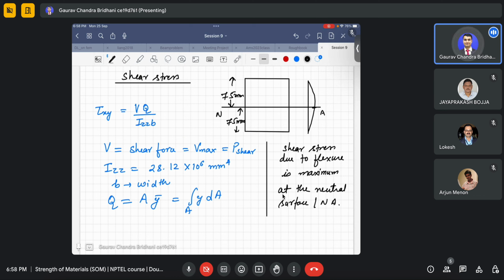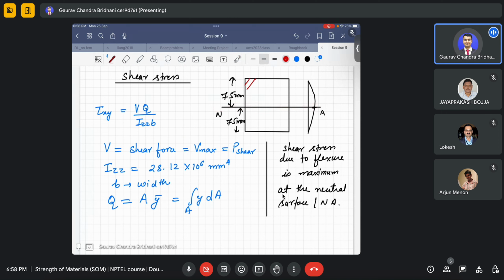That knowledge we have with us. The knowledge is required to find Q, which is A into y bar, because that's how my A will be decided, which area I am talking about. My objective is to find shear stress at this surface, because there only I will find the maximum.